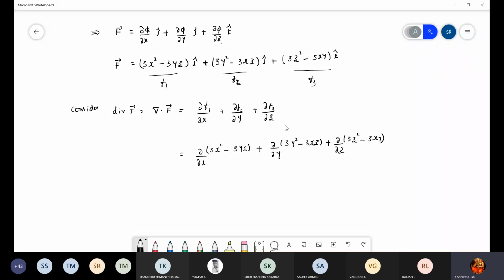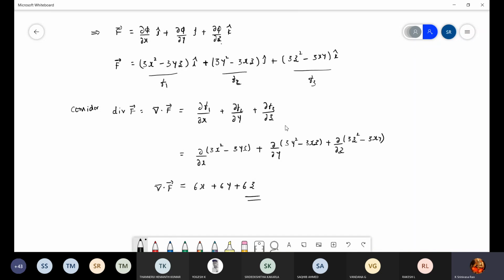So that is equal to, differentiate partially: 6x plus 6y plus 6z. So this is div f or del dot f. Okay, so this is one solution.